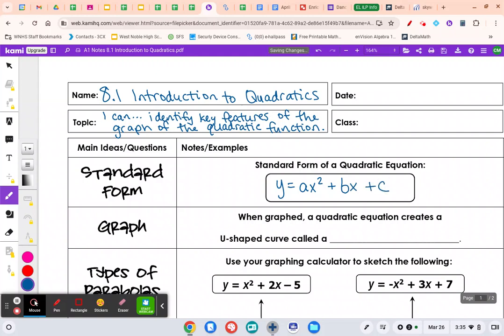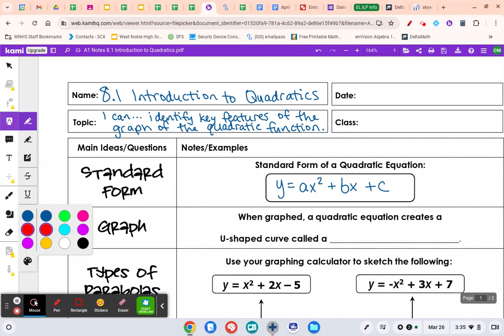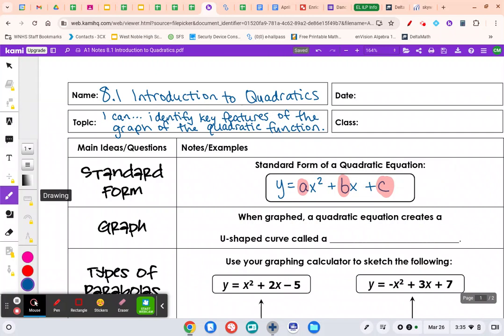These look like our quadratic polynomials, trinomials specifically, that we were factoring before spring break. We also talked about a, b, and c and how we needed this to be in standard form quite a while ago, okay? So we have to graph these now.